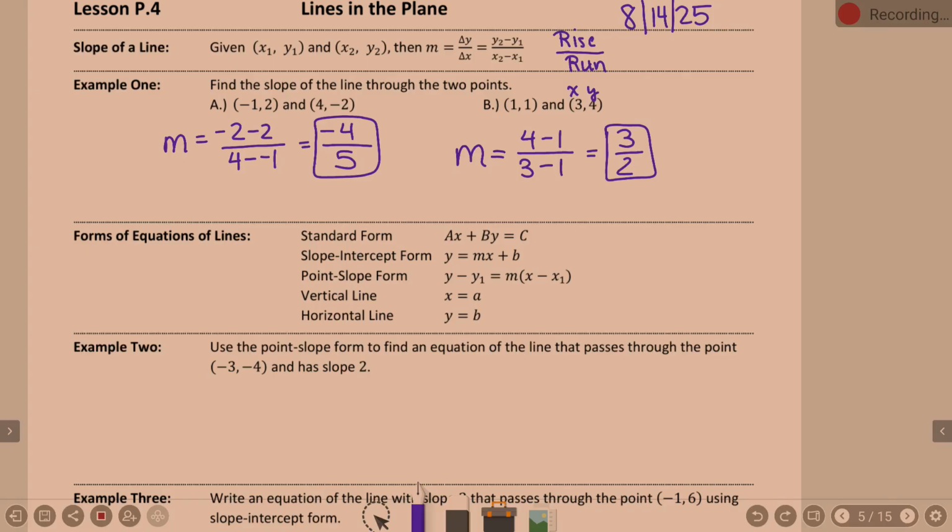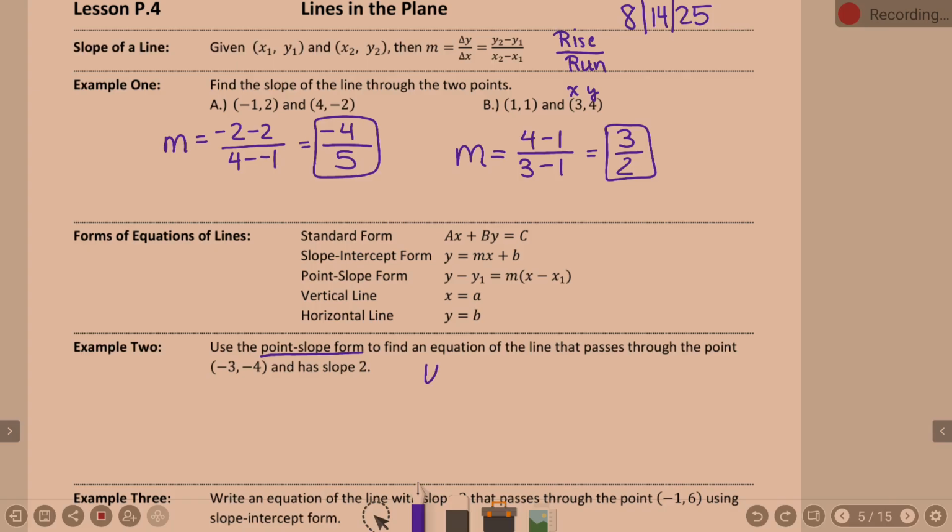Okay, use the point slope form. Notice what it said? Point slope form to find an equation of the line that passes through the point (-3, -4) and has slope 2. So first of all, I'm going to copy down point slope form is what they told me to use, yes?